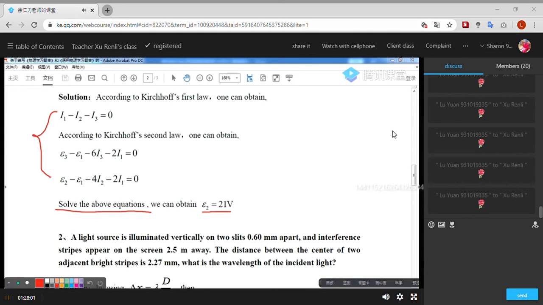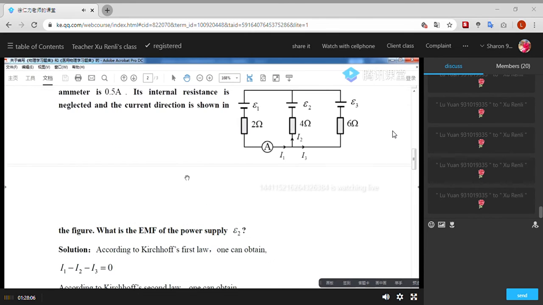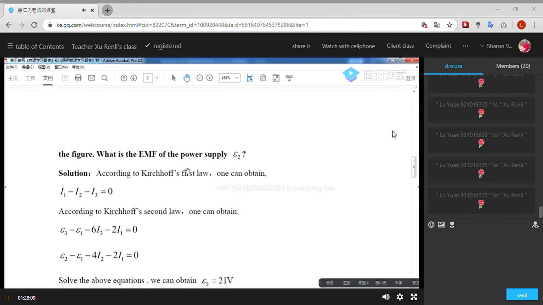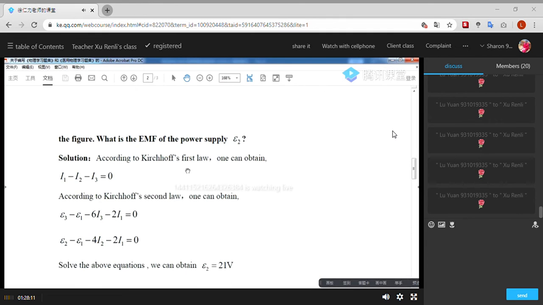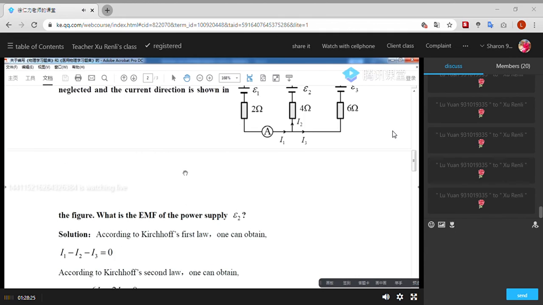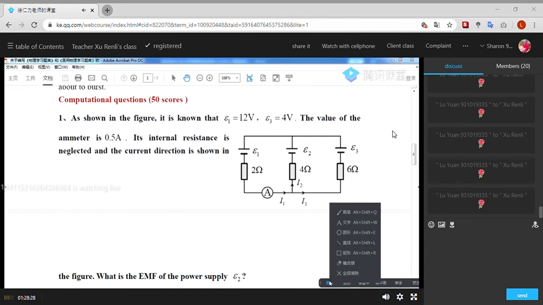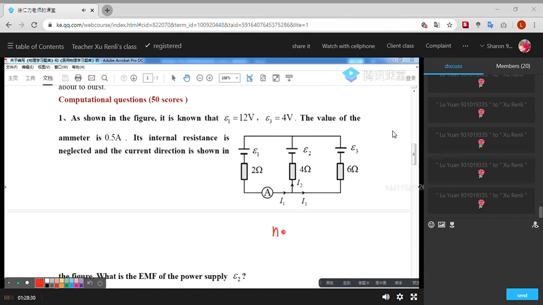This problem tells us how to use Kirchhoff's law to solve problems. We need to write Kirchhoff's current law and then Kirchhoff's voltage law. For Kirchhoff's current law, we have n minus 1 equations, where n is the number of junctions.